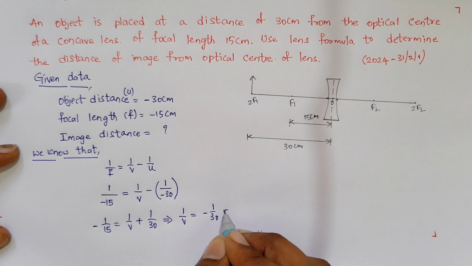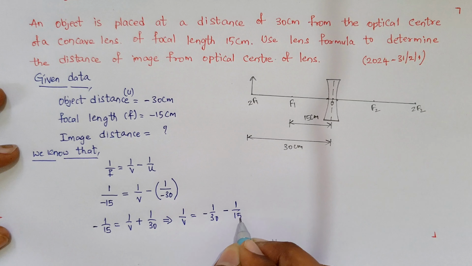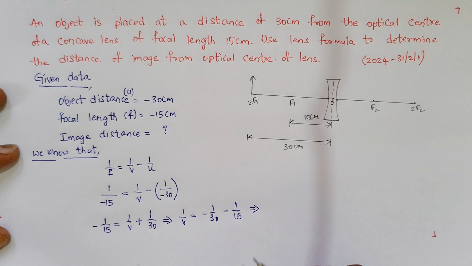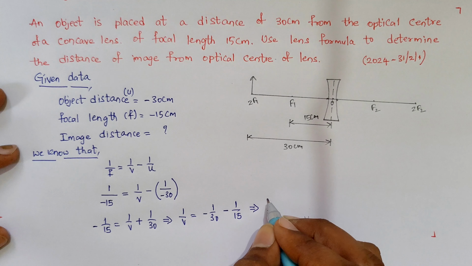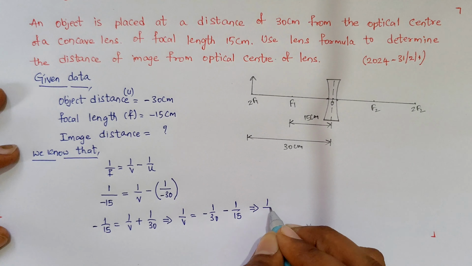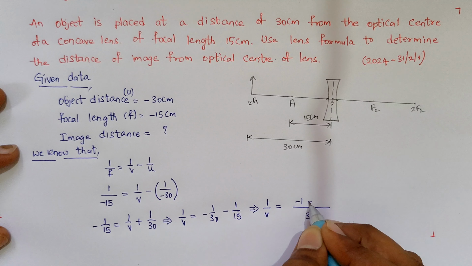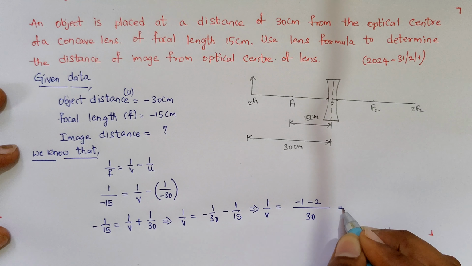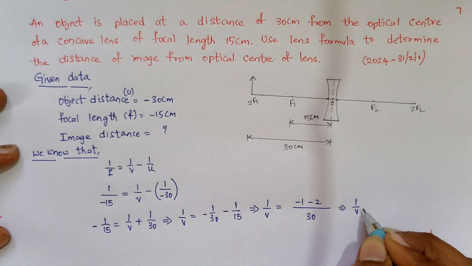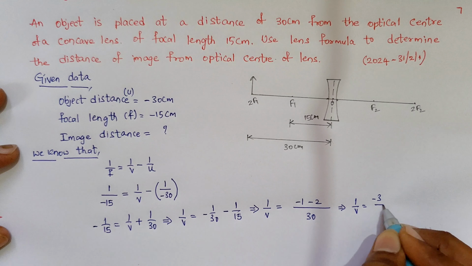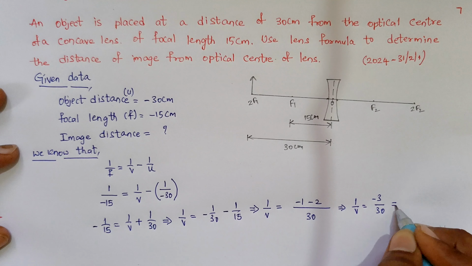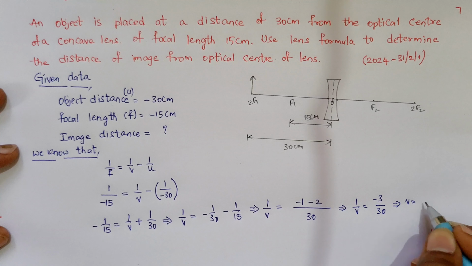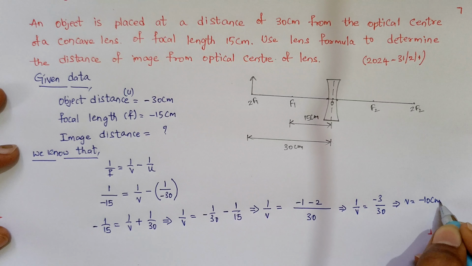Minus 1 by 30 minus 1 by 15, which implies 1 by v is equal to LCM. It will be 30, minus 1, 15, minus 2, which implies 1 by v will be equal to minus 3 divided by 30. From there we can write v is equal to minus 10 centimeters.